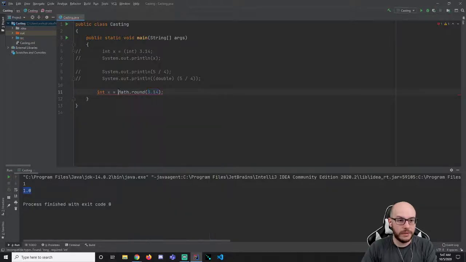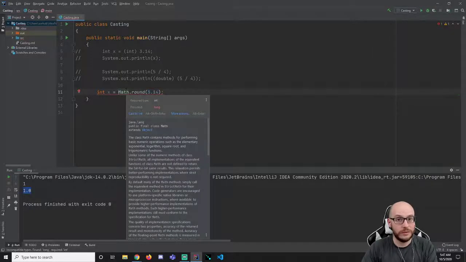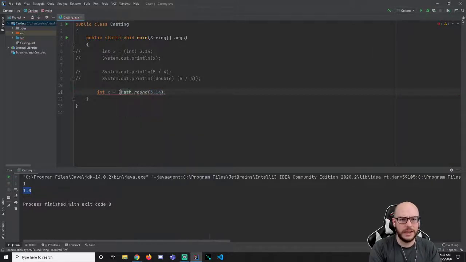Now that being said, a good portion of the numbers that you're rounding are going to be in the number range of an integer, so an integer cast can be used to say, let's treat this long like an integer. I am fairly certain that what we're going to get back here is going to be able to fit into an integer. So the cast says, okay, let's do that.